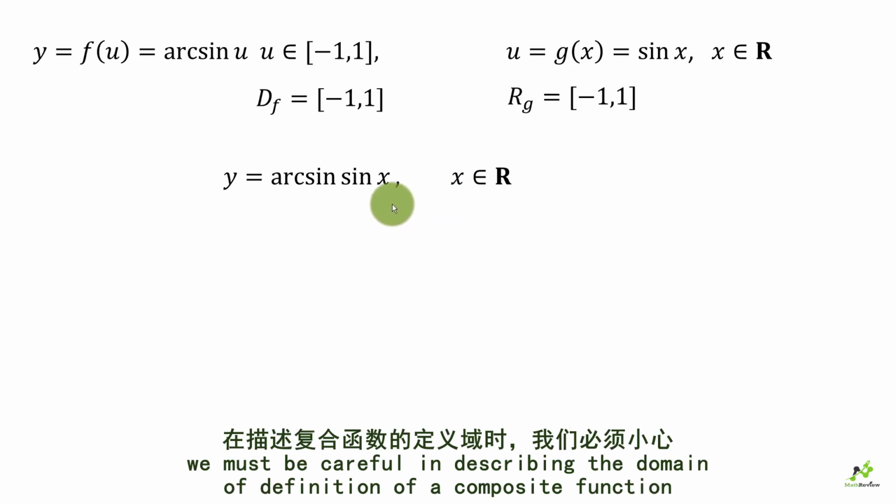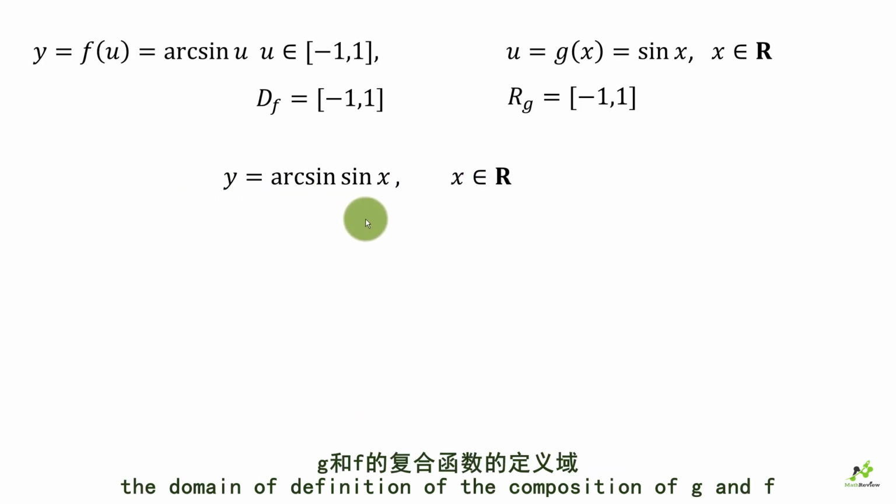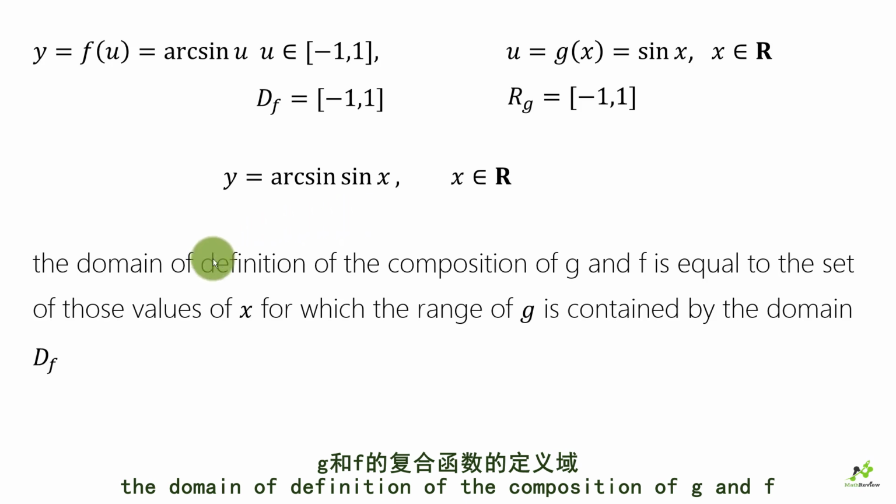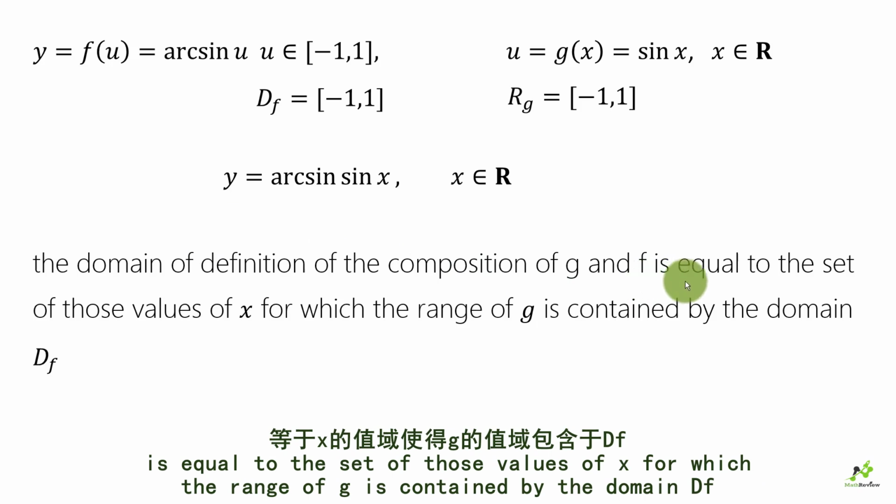We must be careful in describing the domain of definition of a composite function. The domain of definition of the composition of g and f is equal to the set of those values of x for which the range of g is contained by the domain of f.